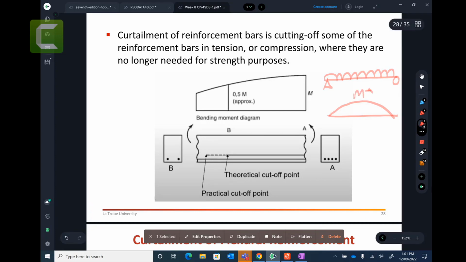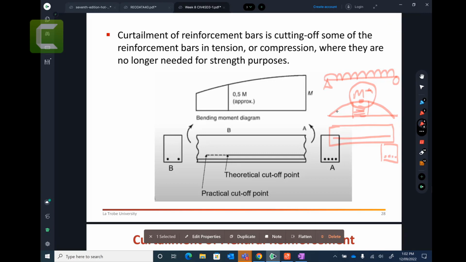Now for this beam, let's say you provide 4 bars: 1, 2, 3, 4. You provide these 4 bars because you are designing for the maximum moment M star. You need 4 bars here because you have the higher moment.